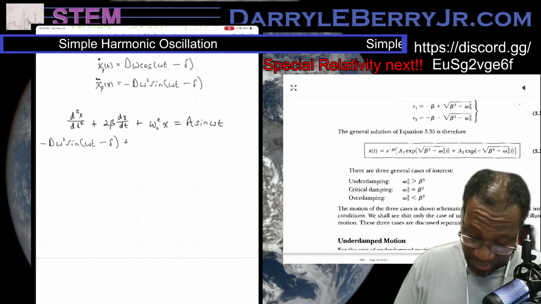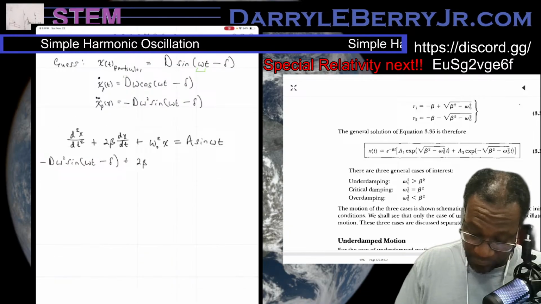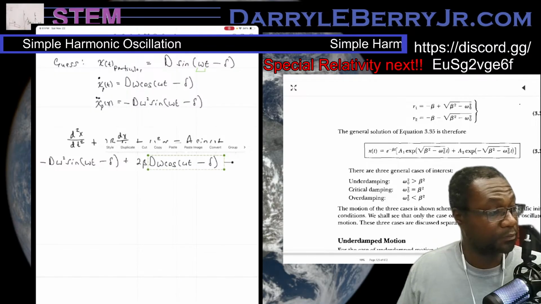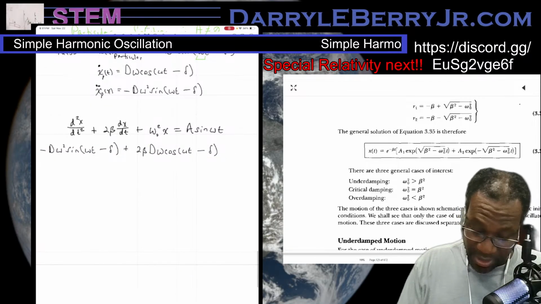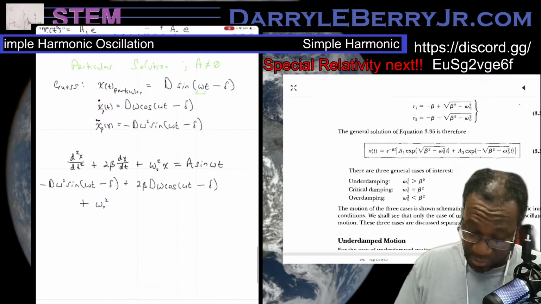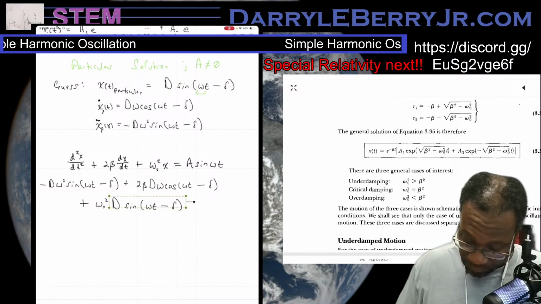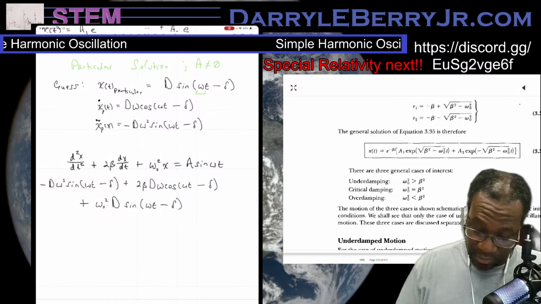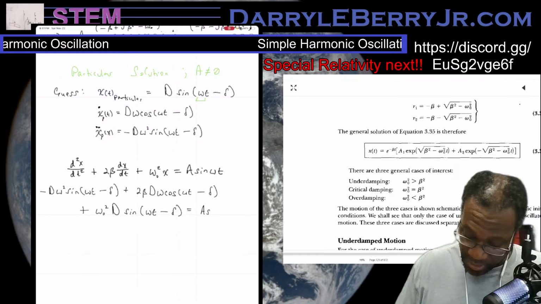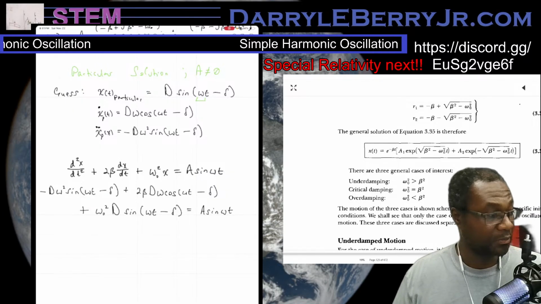Then plus 2 beta times the first derivative of the particular solution, so I'll copy that down. And then plus omega naught squared times the particular solution, which is this original one here. And that's going to equal A sine omega t.